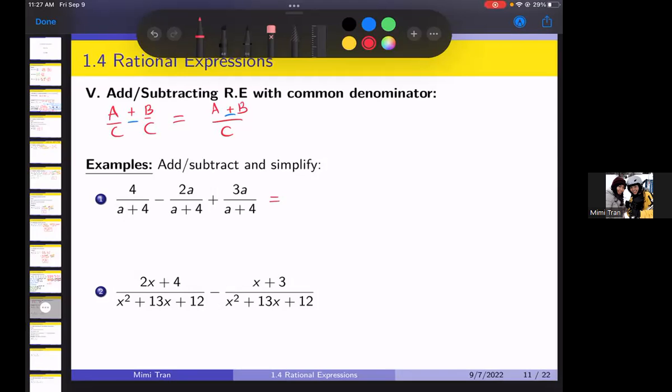What do you have? Anyone have the answer? What did you get? 4 minus 5a. Yeah, maybe along the way you did the subtraction sign for both. Let's see. I got 4 minus 2a plus 3a.